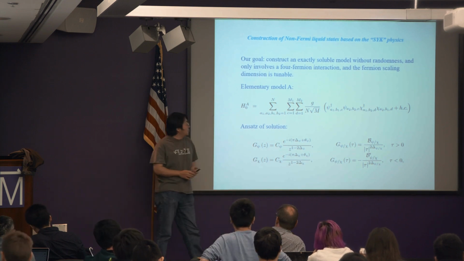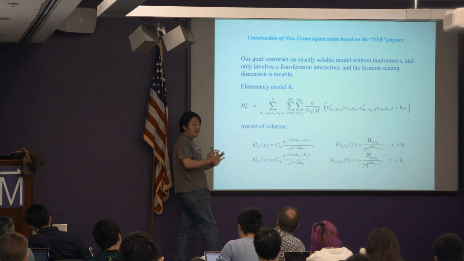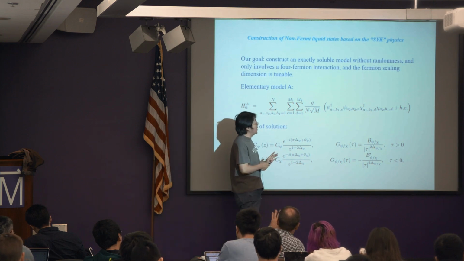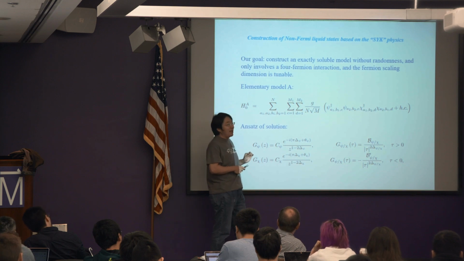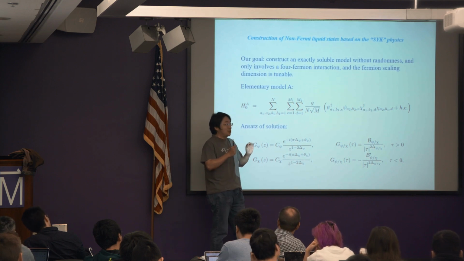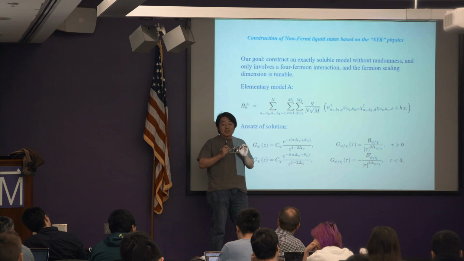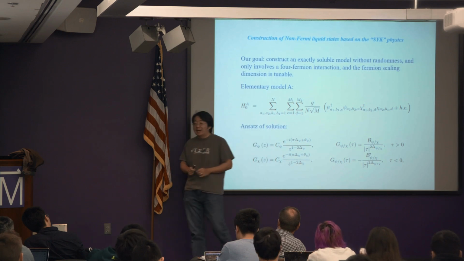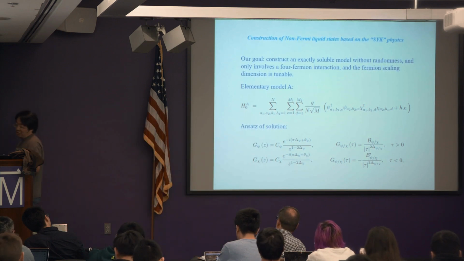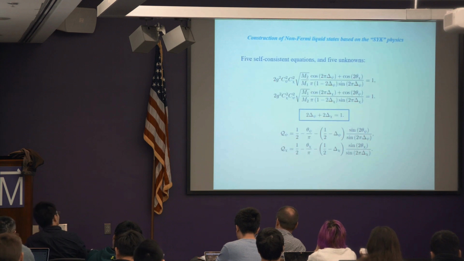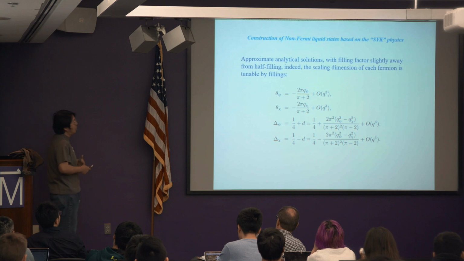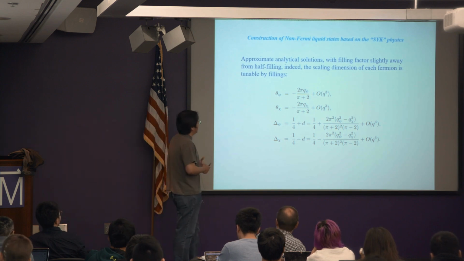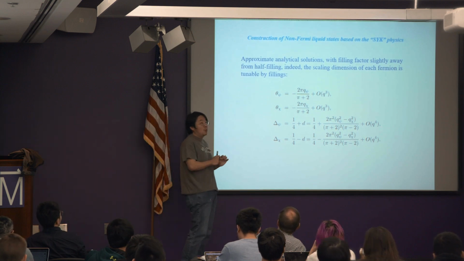Anyway, the most important message I'm trying to deliver is that this model requires the scaling dimensions of psi and chi to add to 1/2. So each of them is tunable, and they are tunable through the filling factor. These equations can be approximately solved perturbatively as a polynomial in the filling factor away from 1/2.